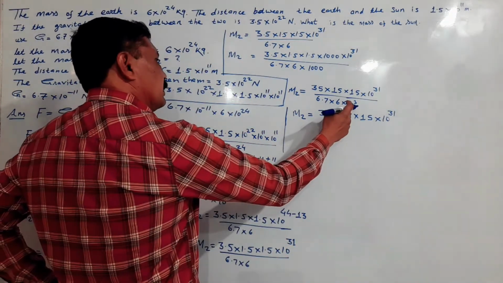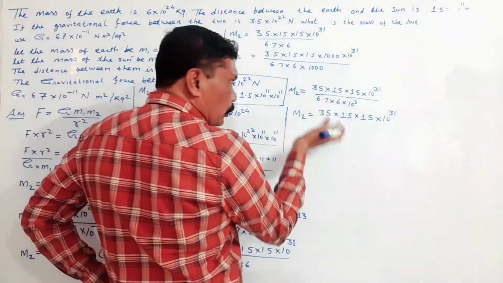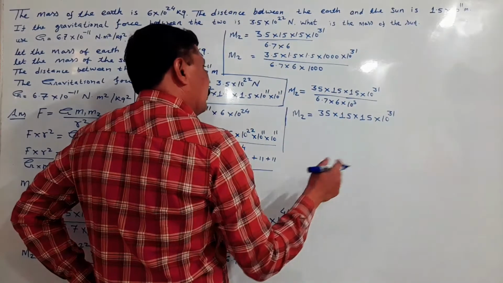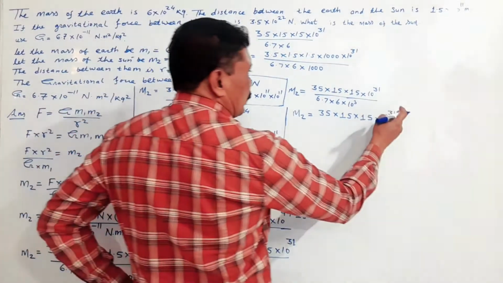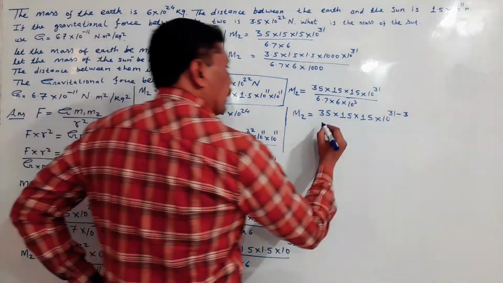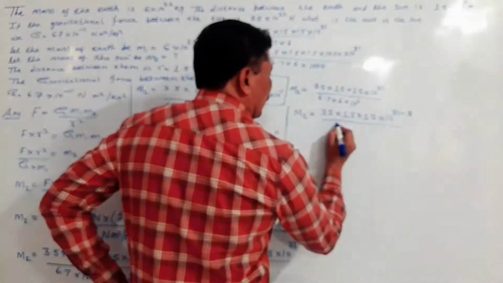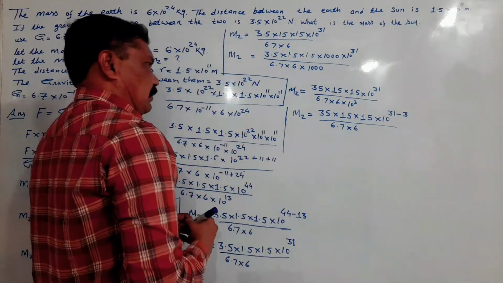My dear student, here 10 to the power 3 we can take it up. So when it goes to the numerator, we have to subtract, and therefore 10 to the power 31 minus 3 we will get, and in the denominator we will have 6.7 into 6.